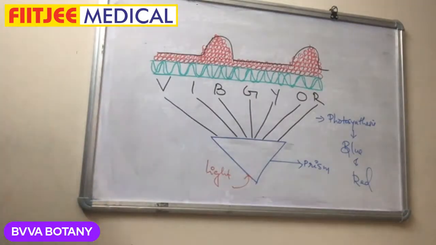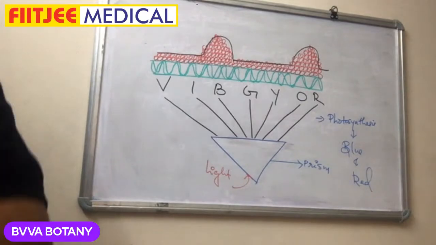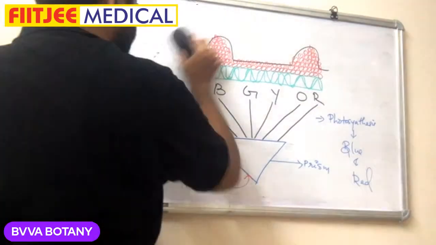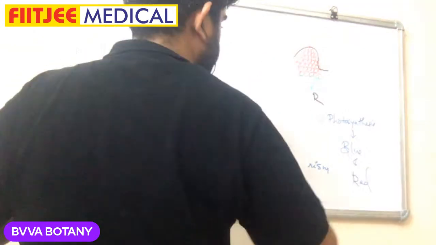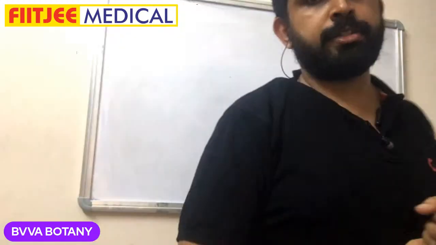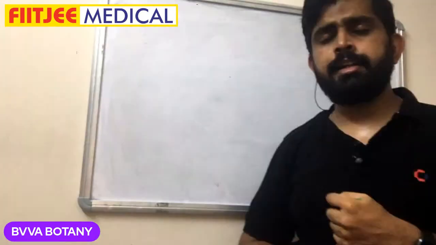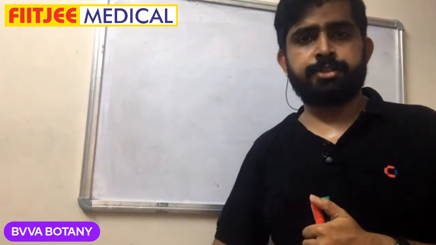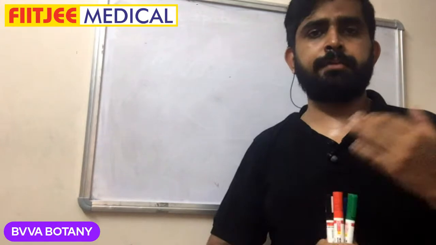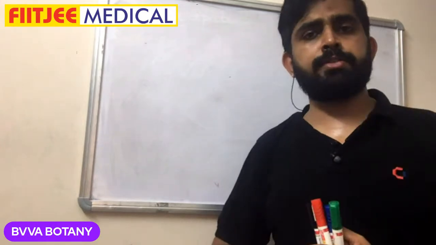So first we took the absorption spectrum, where we saw the pigments showing various levels of absorption. Then we took the action spectrum, showing blue and red are most useful for photosynthesis.